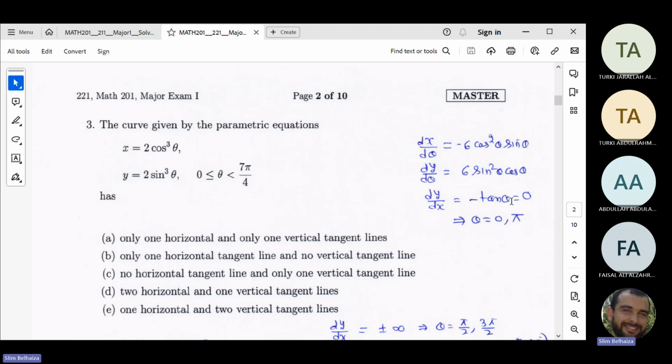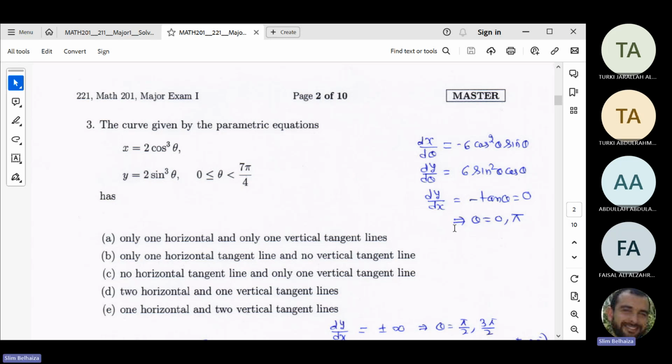Minus tan theta equals 0 when the sine is equal to 0. It happens at 0 or at pi, for sure. So now we can see that we already have some possibilities for theta. Now they're saying here that theta is between 0 and 7 pi over 4.